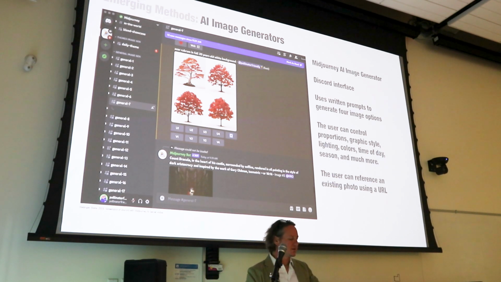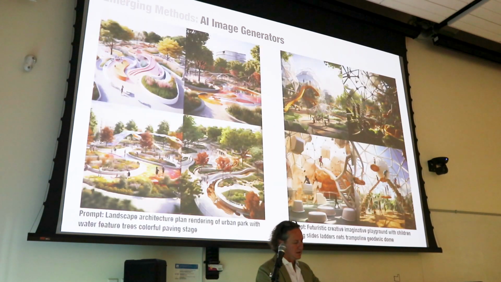And then also interestingly, you can give it a URL to a photograph, and it will start from that photograph or use that photograph in image creation. And so I see promise in a few different ways for AI. I also see some, maybe not risks, but areas that we should all be paying attention to as this moves forward.